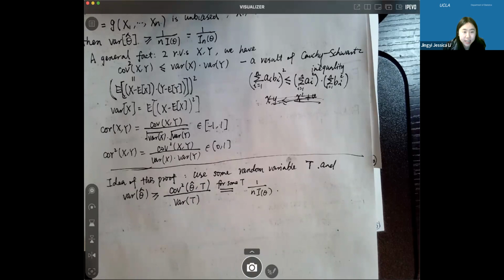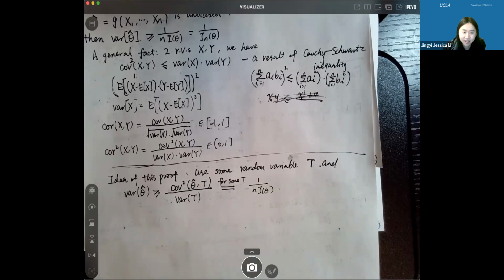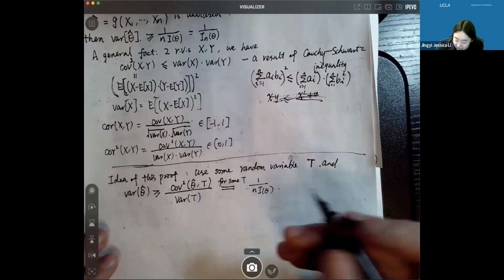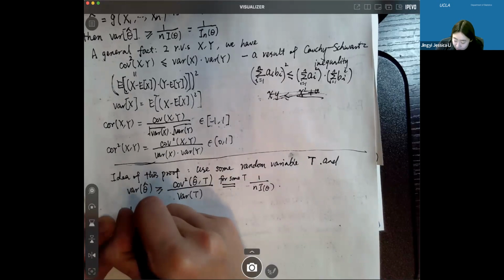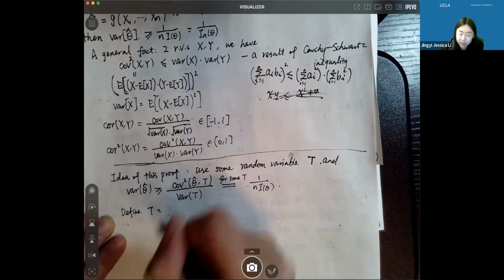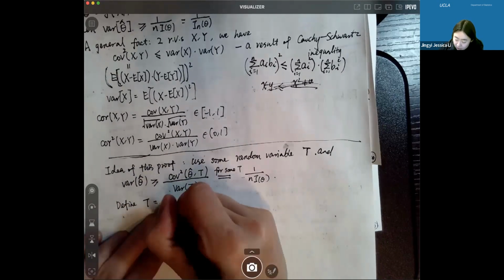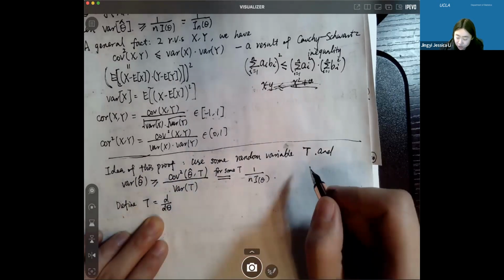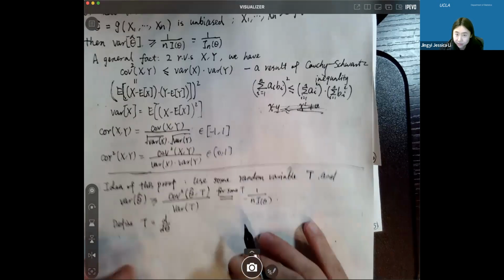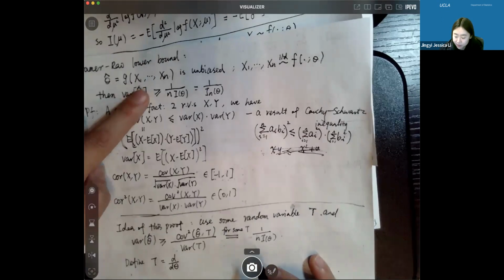So to really do this, based on what we have, the t construction is based on the knowledge we just gave you: it's about the derivative of the log density. Okay, so here, let's define this t to be the derivative with respect to theta, and thus t is also a function of our random sample x1 to xn, just as our unbiased estimator is.